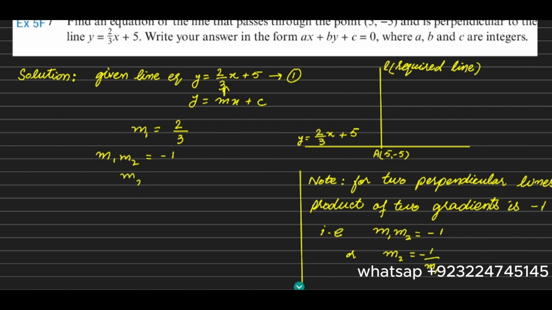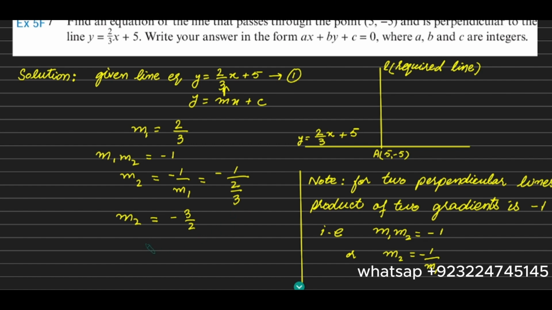To find the gradient of the required line, we write minus 1 over m1 and replace the value of m1 with 2 by 3. So the gradient of the required line will become minus 3 by 2. When we reciprocate this term, we get minus 3 by 2.